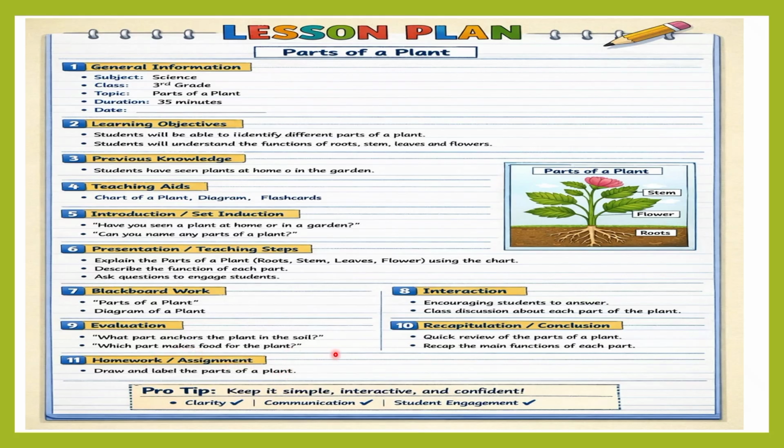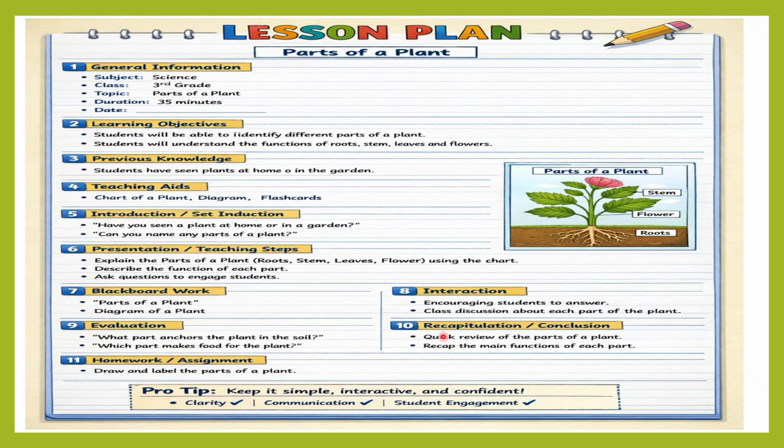So this is how she is finding out whether students have understood the topic or not, whether what she had planned has successfully been fulfilled or not, or she has achieved the learning objectives or not. Then recapitulation, quick review of the parts of the plant, and then recaps the main function of each part by using the flashcards or maybe the diagram on the board.